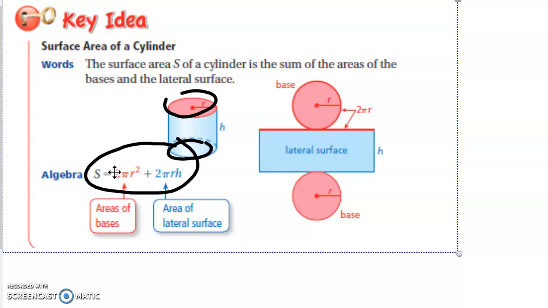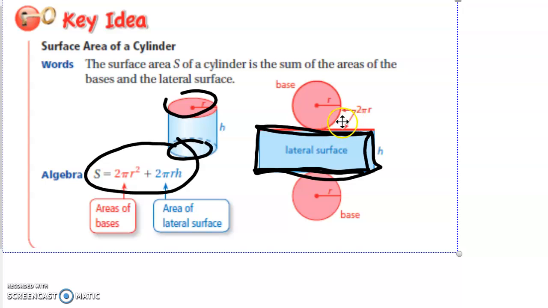Then you have the lateral surface area. When you think about it, if you unfold it, it's going to look like a rectangle. This distance is going to match the circumference, so 2 times the radius times pi, and then we're going to use the height. If it ever asks you for lateral surface area, that is just that rectangle. It doesn't include the 2 circles on top.